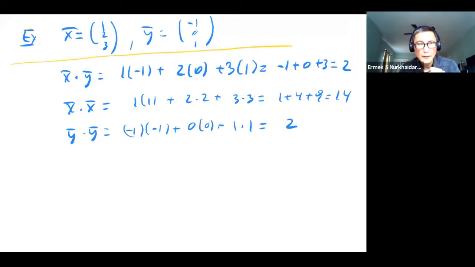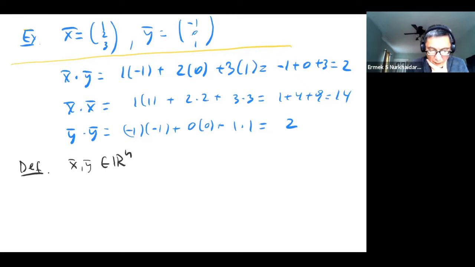And now a couple of definitions. If we have two vectors x and y from Rn, we say x and y are orthogonal.